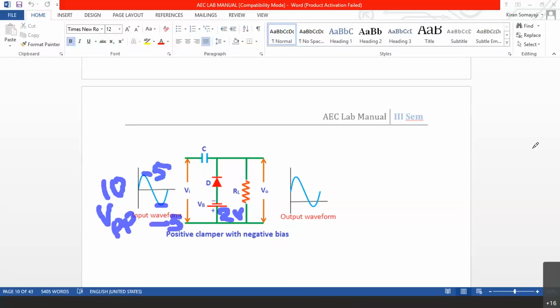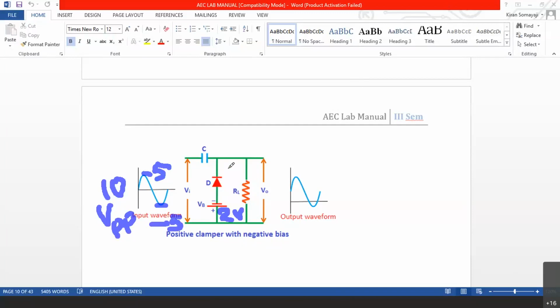Now, can any of you tell me, when will this diode conduct? Will it conduct in the positive cycle or in the negative cycle? No one is telling. Okay. So, positive cycle.